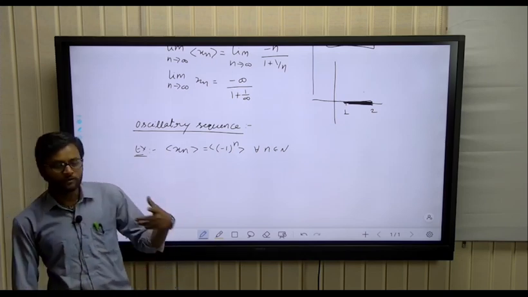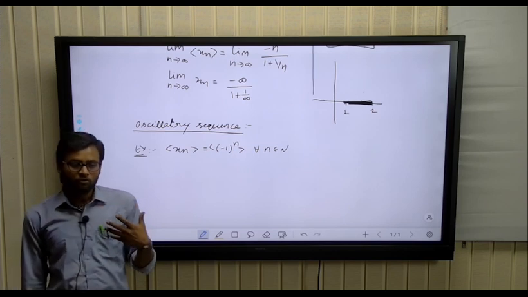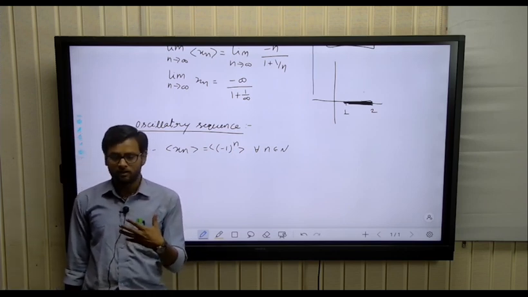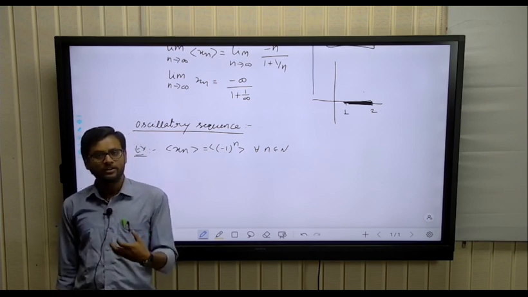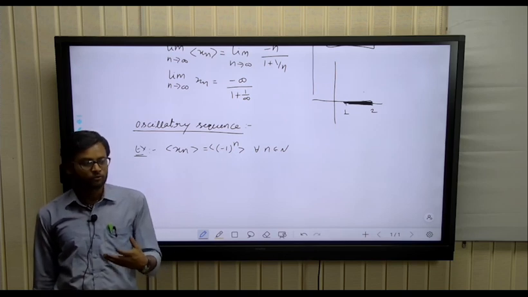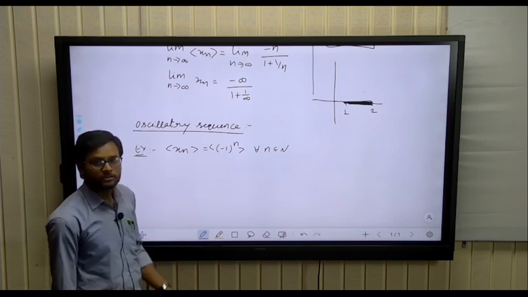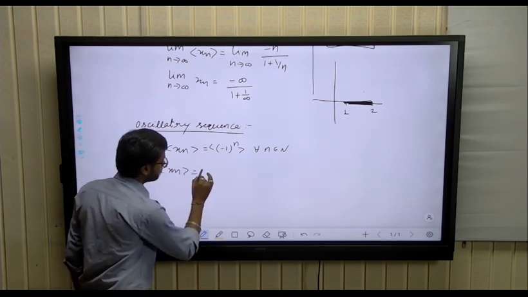You always remember that if you want to check whether the sequence is oscillatory, you write the terms of the sequence, because without the terms you can never tell the oscillatory nature of a sequence. So the first thing you do is write the terms of the sequence.